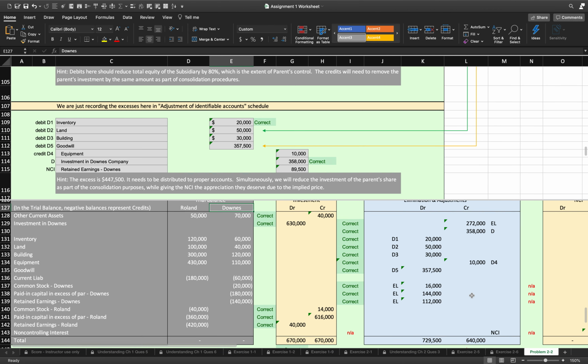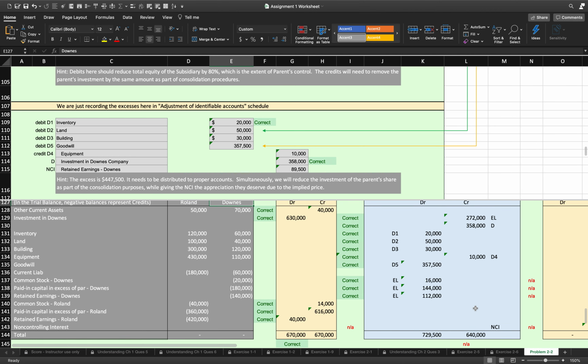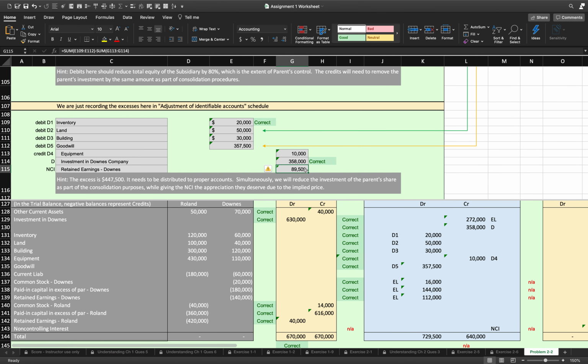And finally, we have a difference here of this 89,000 that belongs to the non-controlling interest. In other words, they received 89,500 in an appreciation because somebody came along and purchased a company and gave the company more money than it was worth. 20% of that was 89,500.